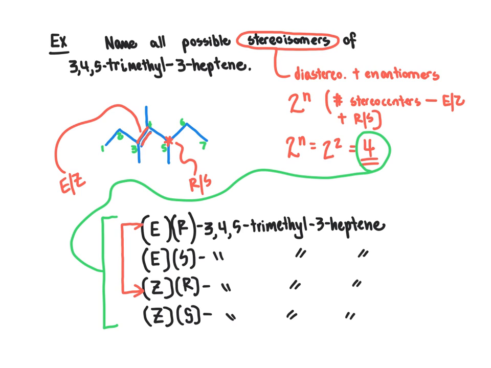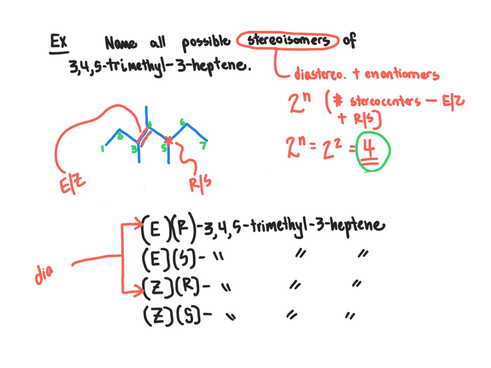So we could ask what the relationship is between those 2 compounds that I've listed there in red. What we would see is that the E, R and Z, R, we would describe those as being diastereomers of one another. They're diastereomers because we've changed the configuration of the alkene group. We've left the R, S configuration the same.